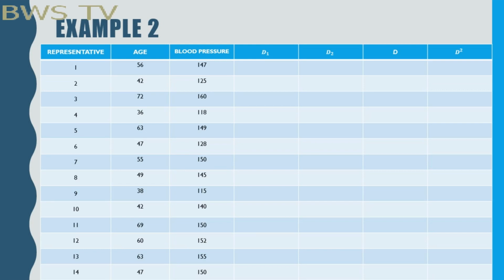In this next example, the given numbers are now more than 10, so we will be solving this using the t-value. Now, rank all the numbers under the age column and put their corresponding ranks under the D1 column. The same goes for the numbers in the blood pressure column, and put their ranks under the D2 column.